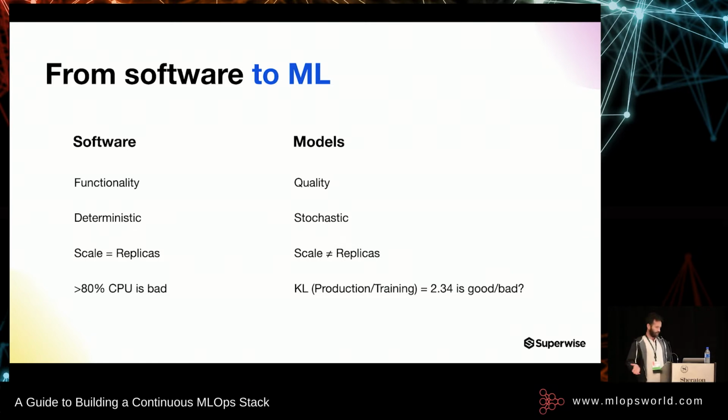All those concepts still apply to ML-based products. However, a level of complexity comes into the picture. Usually ML models in production fail silently. If we have monitored our model in production, and we see that there is a distribution shift measured at 2.34 KL distance, is that good?